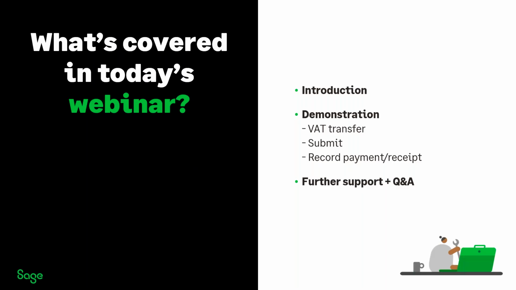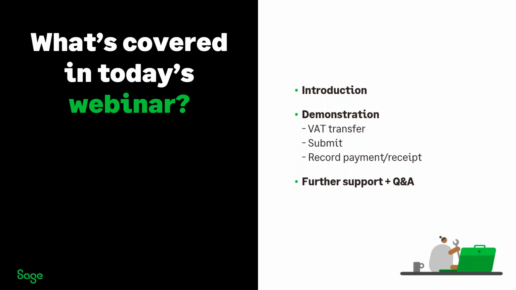Really easy to process those options. At the end, we'll explain more about the additional support that's available, such as the help centre, a fab resource, and mention the other webinars that we've got planned. Also, if there are any outstanding questions, we'll try our best to pick those up as well.